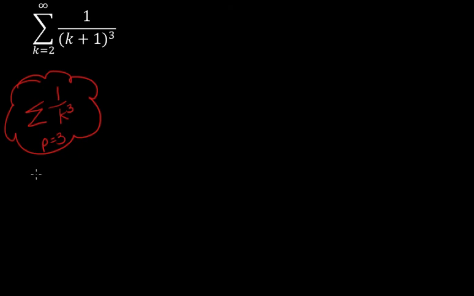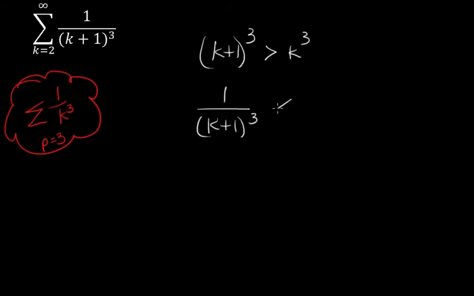So it does converge. So let's see if we could use that. We know that k plus 1 cubed is greater than just k cubed, so that 1 over k plus 1 cubed is less than 1 over k cubed.